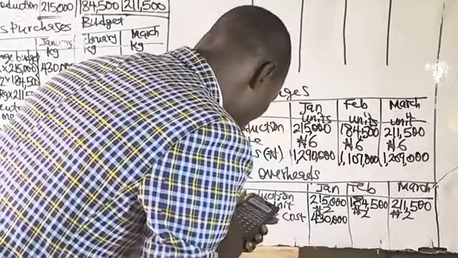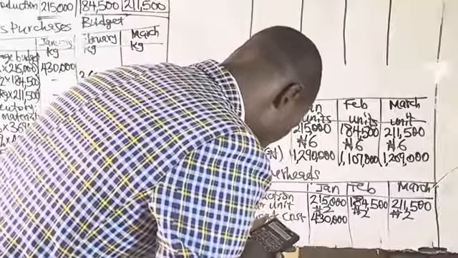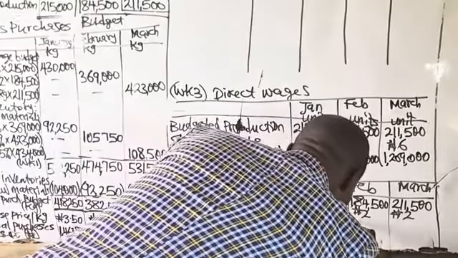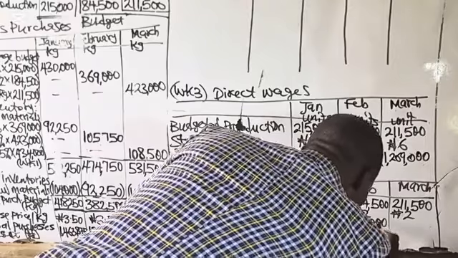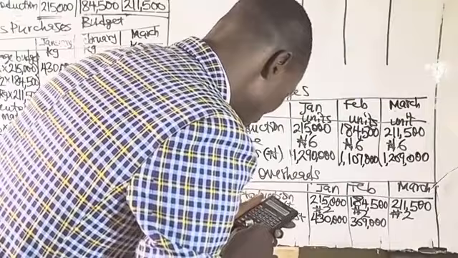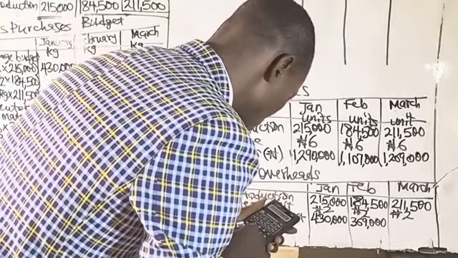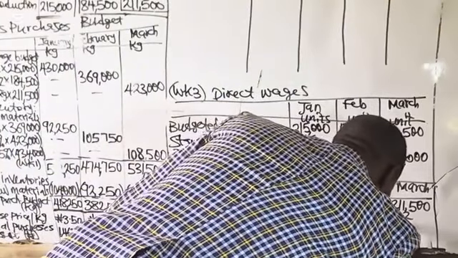And in the month of February, 184,500 times 2. We have 369,000. In March, we have 211,500 times 2. That gives us 423,000.